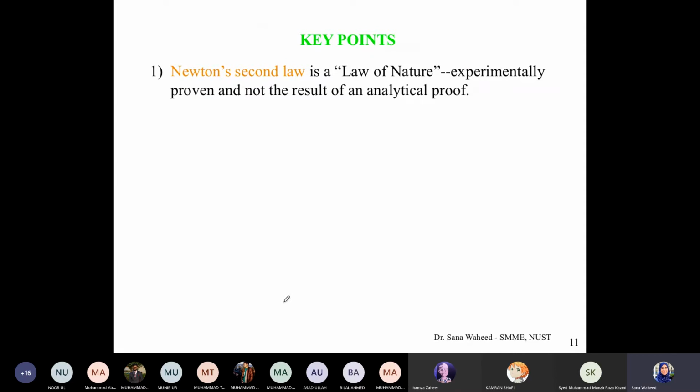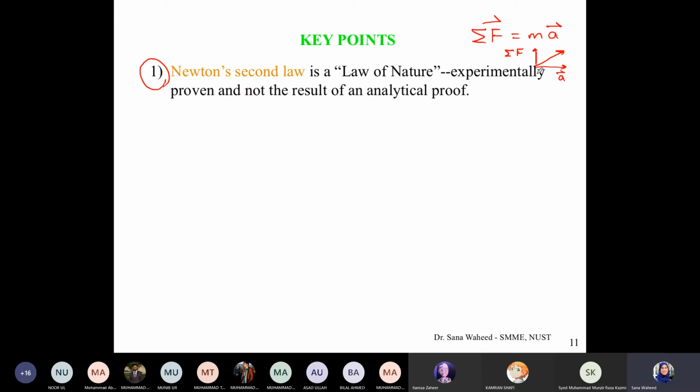One thing that I forgot to mention right here is that Newton's laws of motion, Newton came up with them just by observing nature. What that means is that he applied known forces to known masses and measured their acceleration and saw that there was a linear relationship between them.